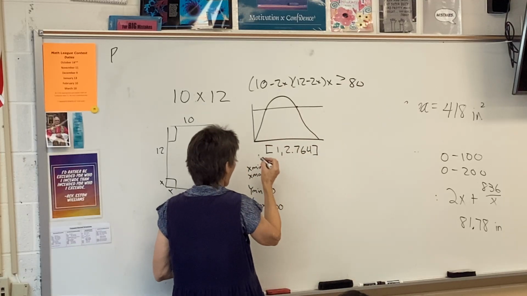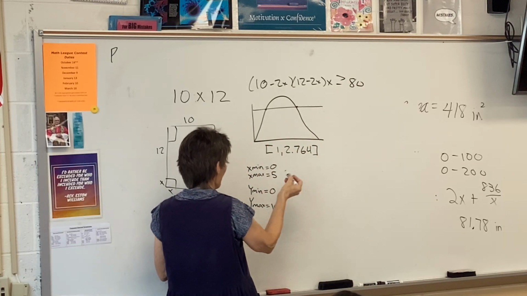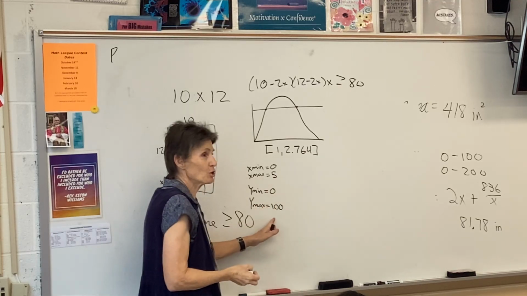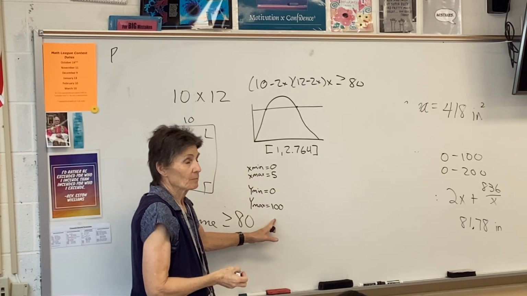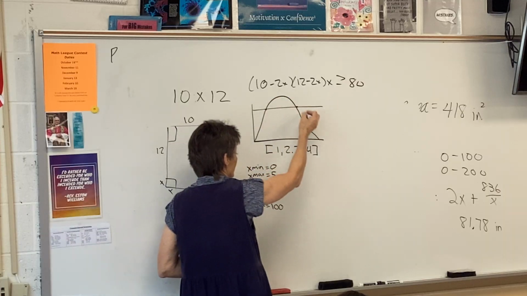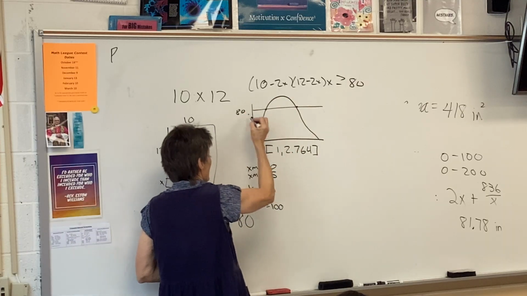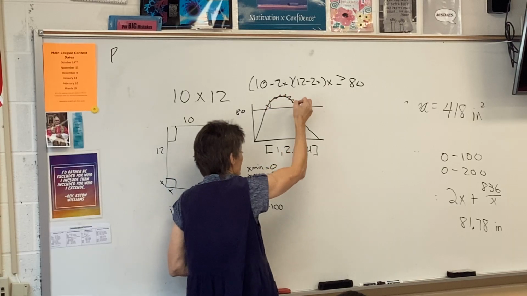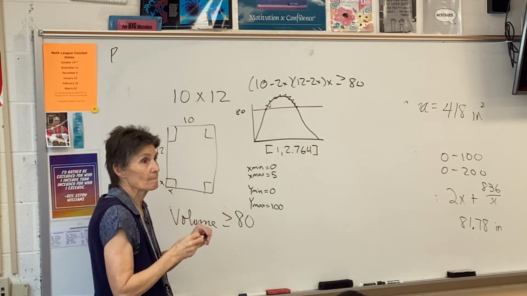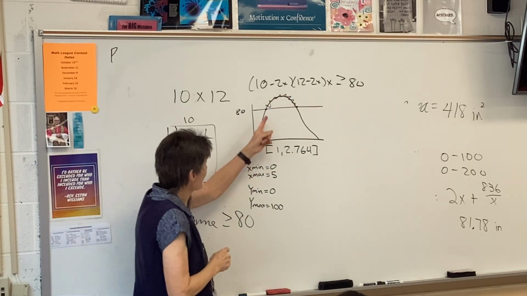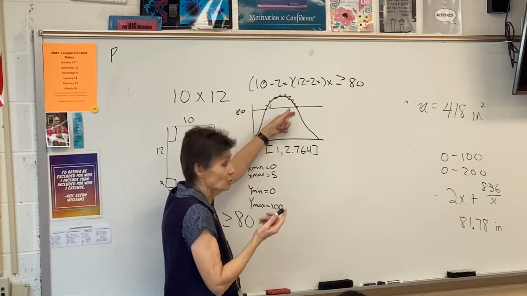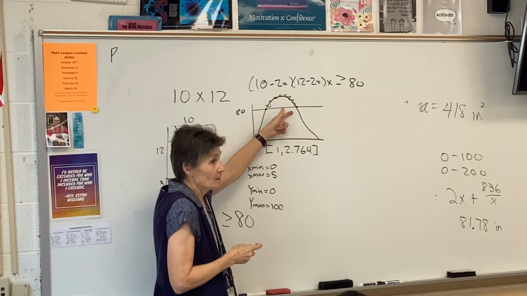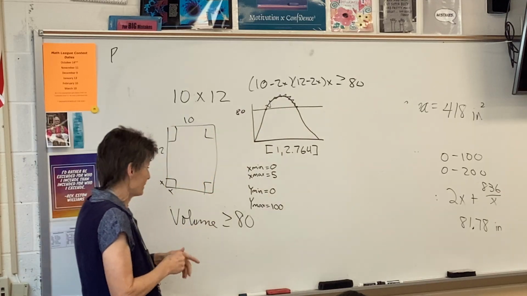So he chose the domain 0 to 5, randomly chose 100, and got his nice little hill. You ran the 80 line through it, and the answer is this part of the picture right there. Apparently that point is 1 and that point is 2.764. Everybody get that? That's how we did that.